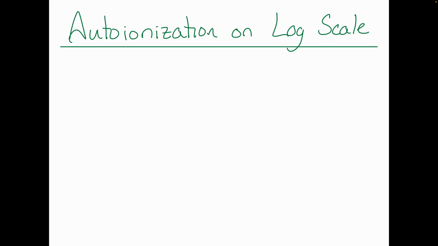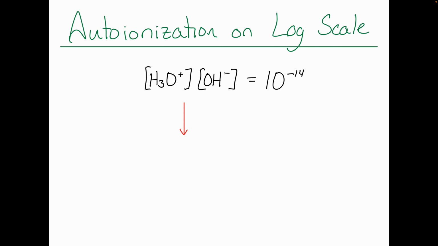Okay, so by that I mean we're going to take that auto-ionization relationship, which is again hydronium times hydroxide gives you that 10 to the negative 14 value, that Kw. All right, and for fun, we're going to take the negative log of both sides. We're just going to take this equation and start doing some algebra to it.